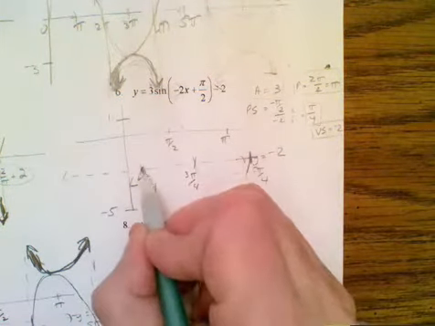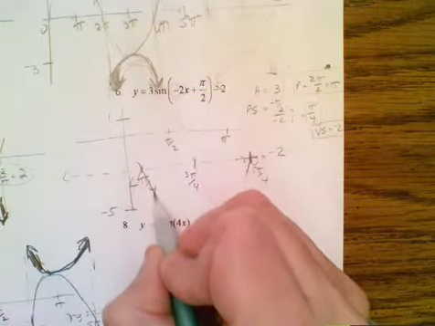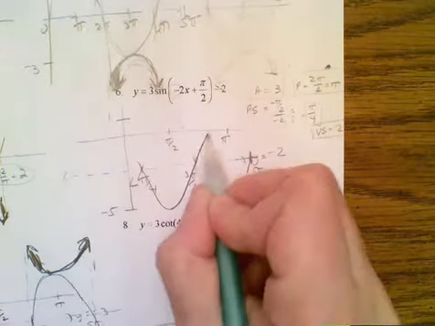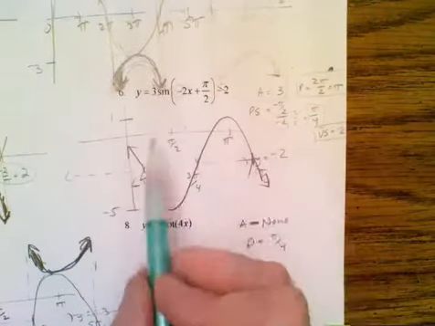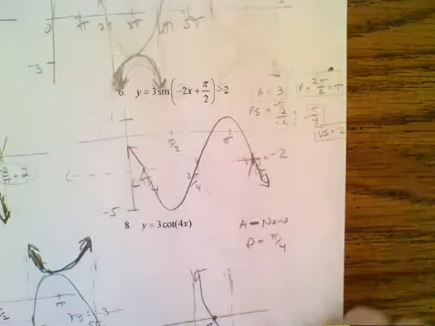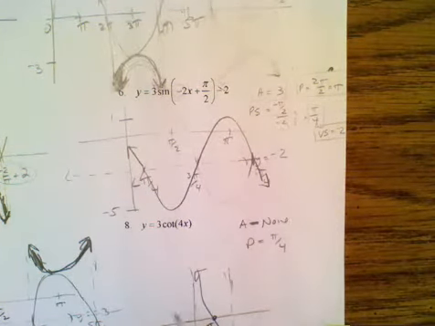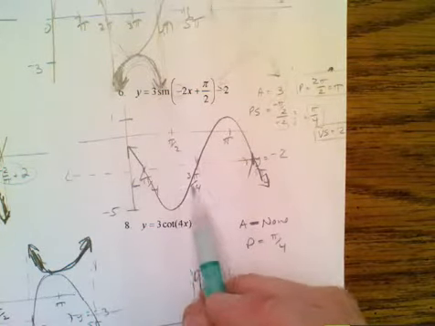So I would probably, so I don't have to go over it on this side, just say that it's still going to be here, but now it's going to come down to 5 first, then up to 3 and down. Again, because it's odd, it really doesn't matter if you flip it over the y or the x. And so that's probably what I do, is just flip it over the x-axis. All right.